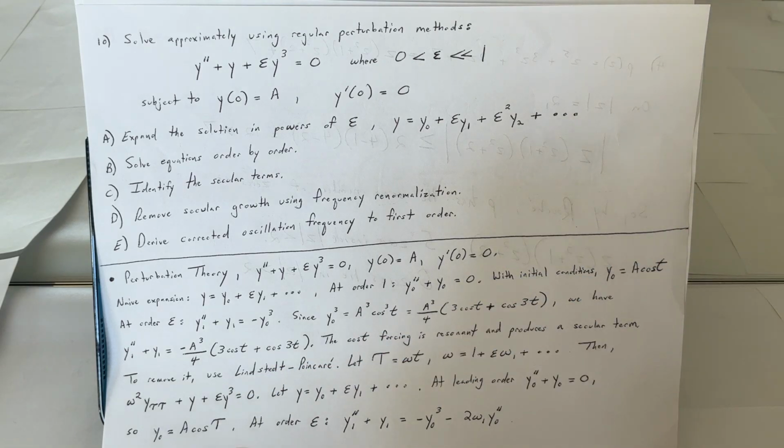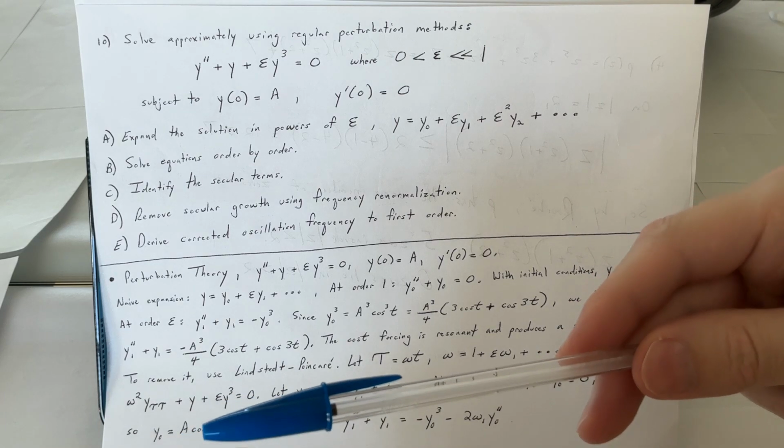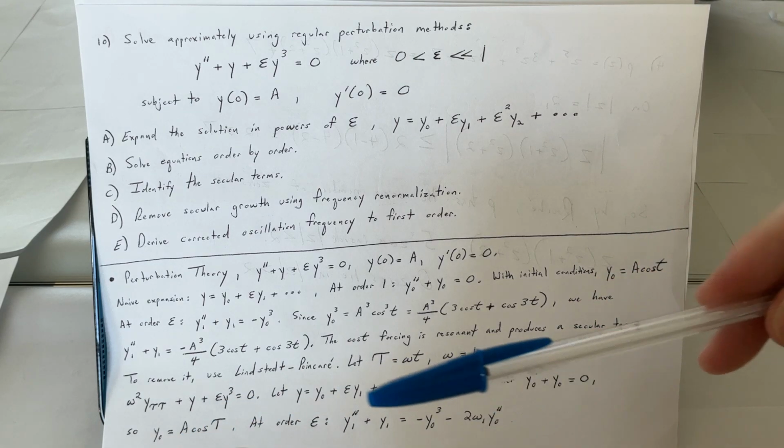And we let y equal y naught plus epsilon y sub 1 plus dot dot dot. At leading order, y naught double prime plus y naught equals 0, and so y naught equals a cosine tau.